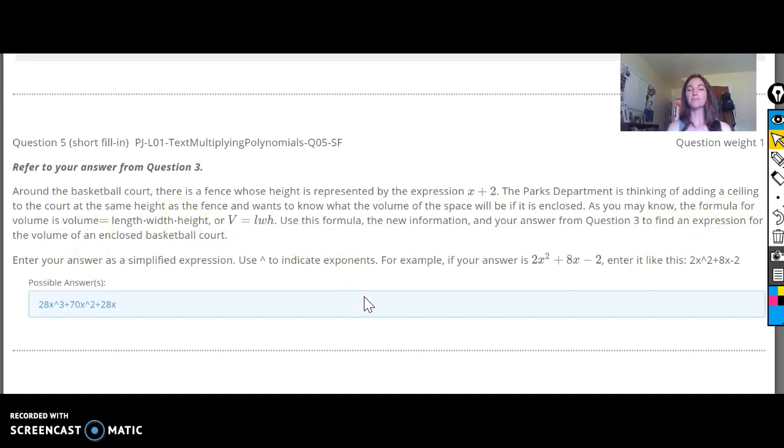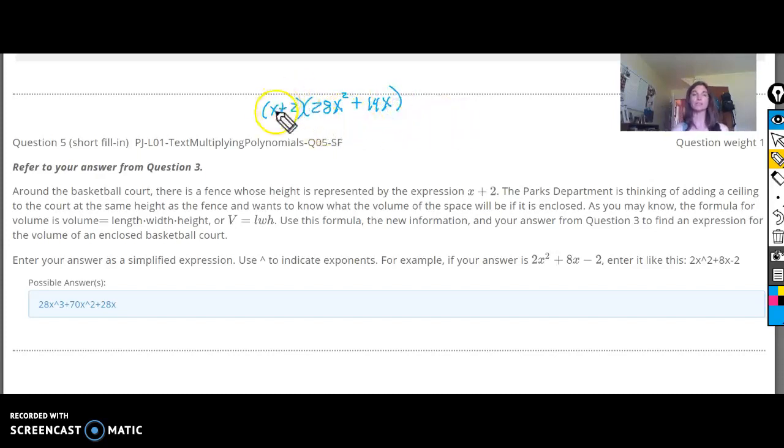Use this formula, the new information, and your answer from question 3 to find an expression for the volume of an enclosed basketball court. Okay, so now we have our new height of x plus 2, and we have that old area of length times width, which we decided was 28x squared plus 14x, okay?